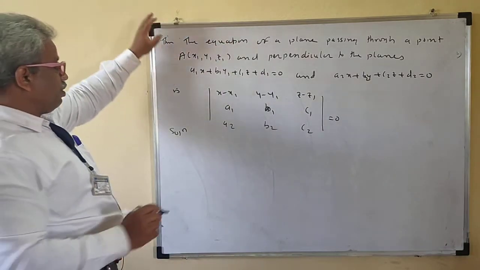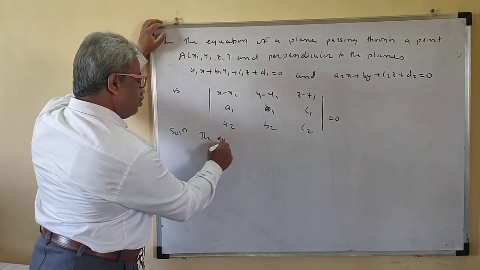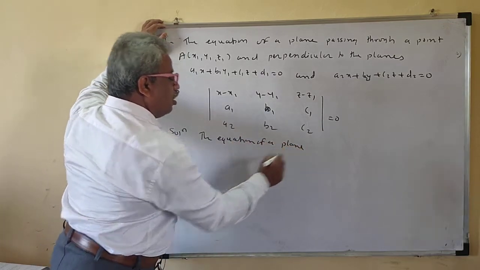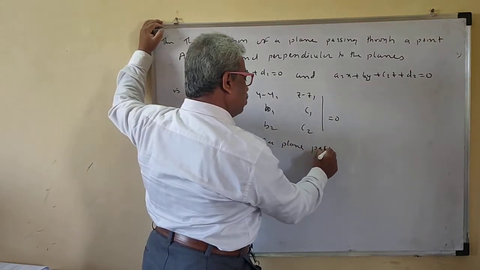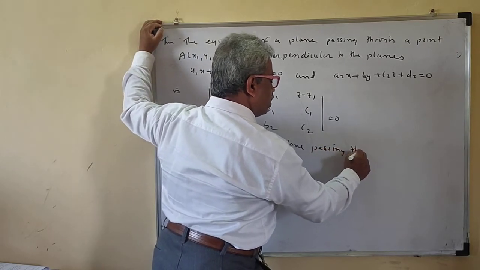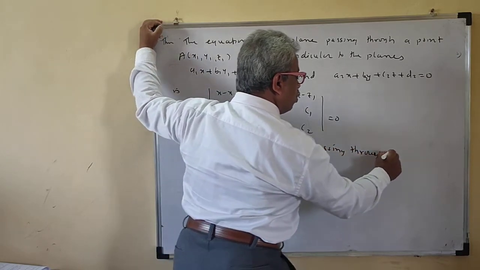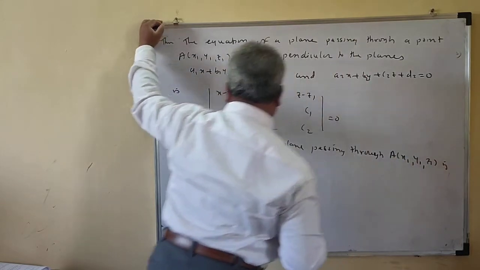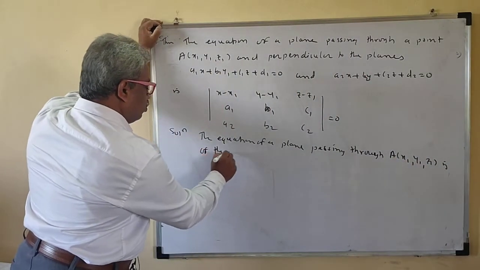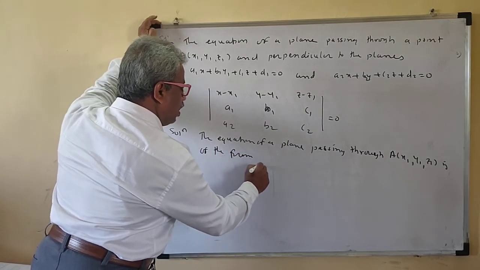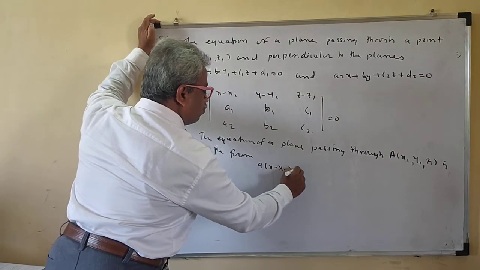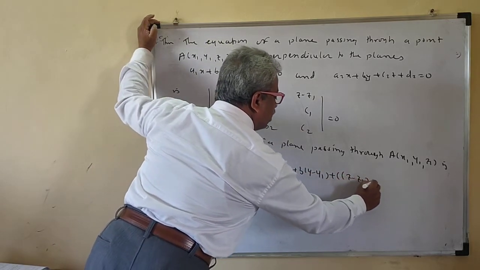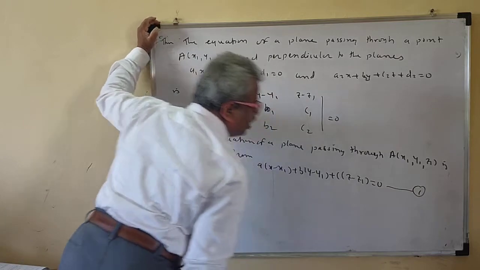We'll use the one point now here. The equation of a plane passing through x1, y1, z1 is of the form a into x minus x1 plus b into y minus y1 plus c into z minus z1 is equal to 0. We call this 1 now.